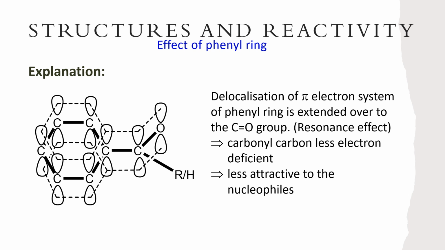This explanation, based on the delocalization of pi electrons, is commonly used in the syllabus to explain the properties of aromatic compounds. For example, the reactivity of phenol and the stability of benzoate anion.